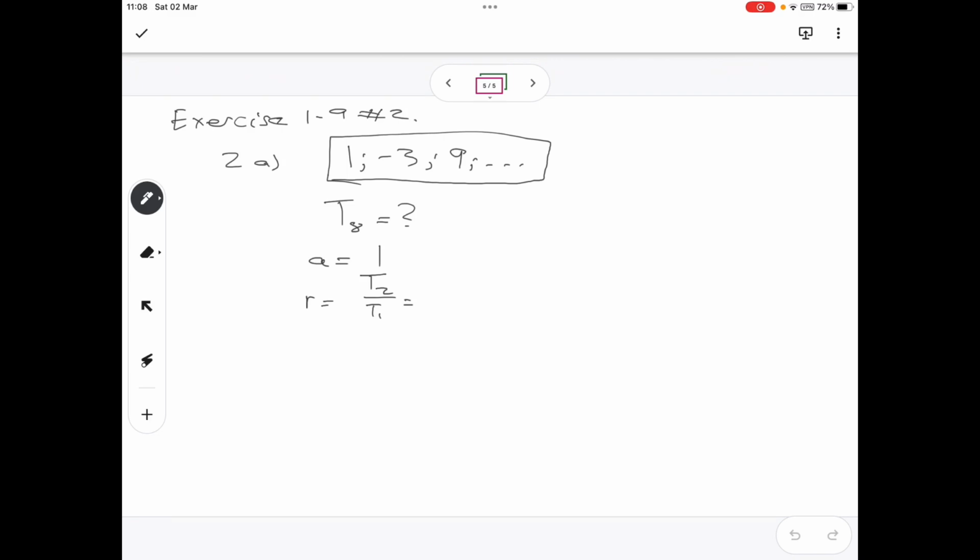Remember, ratio is to divide. Yes, so in geometric series we use the second term divided by first term. Okay.